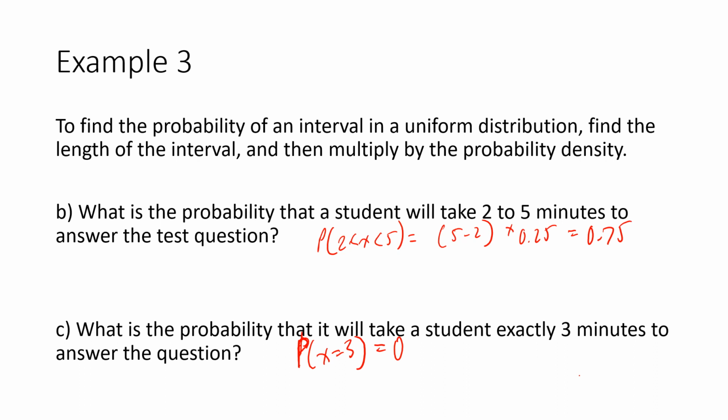Because we can have infinite number of decimal places. So that being the case, that means the sample size is basically infinity. So one possible outcome divided by infinity is basically approaching 0. Okay, so the probability of any one exact data value in a continuous random variable probability distribution is equal to 0.